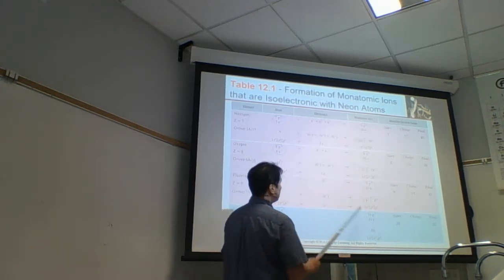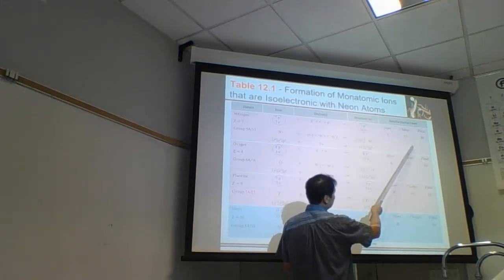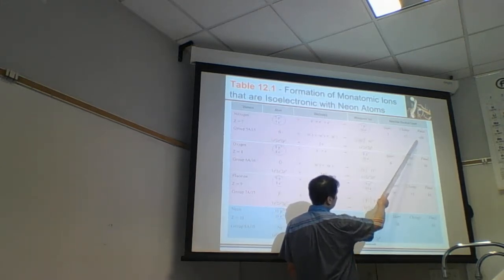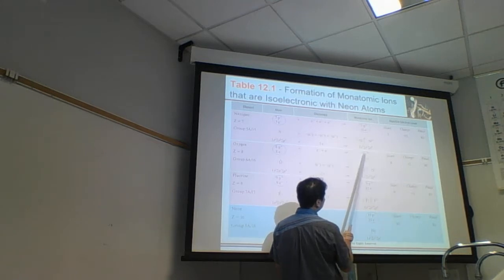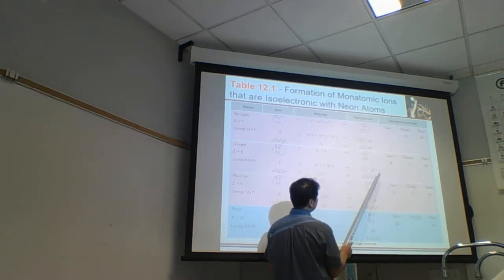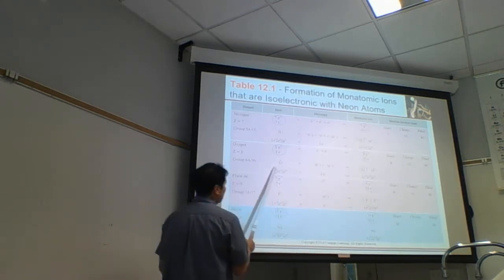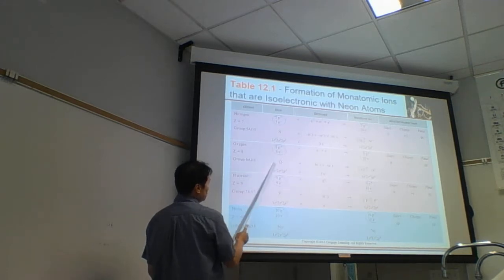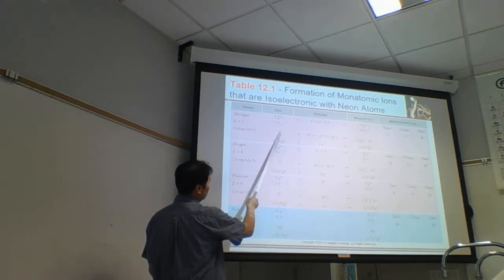We say this is isoelectronic with neon. Neon has 10 electrons. It's a noble gas, and so nitride also has 10 electrons. Oxygen has 6 valence electrons. Nitrogen has 5 valence electrons.